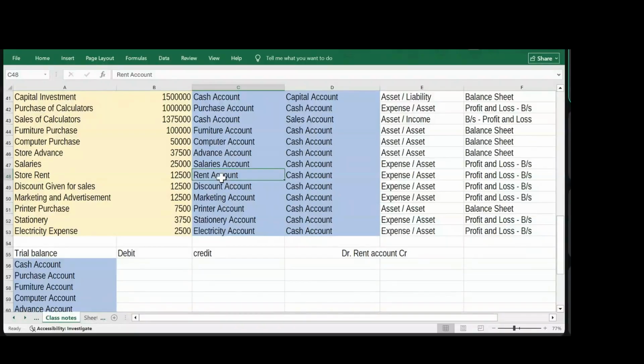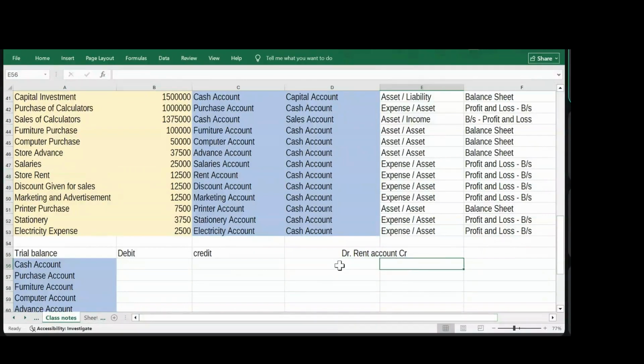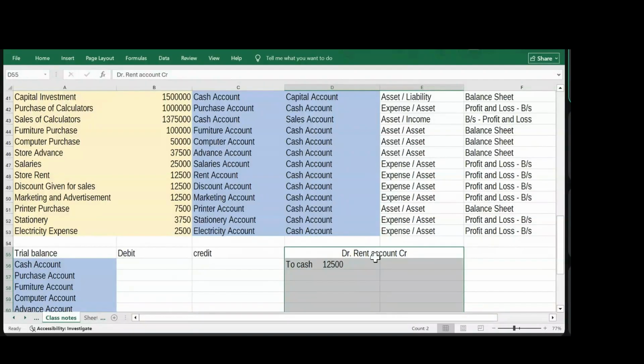If I have to put this transaction, whatever rent paid, what will you put here and here? Can you put it into the ledger from the transaction? This will be your entry. 12,500.